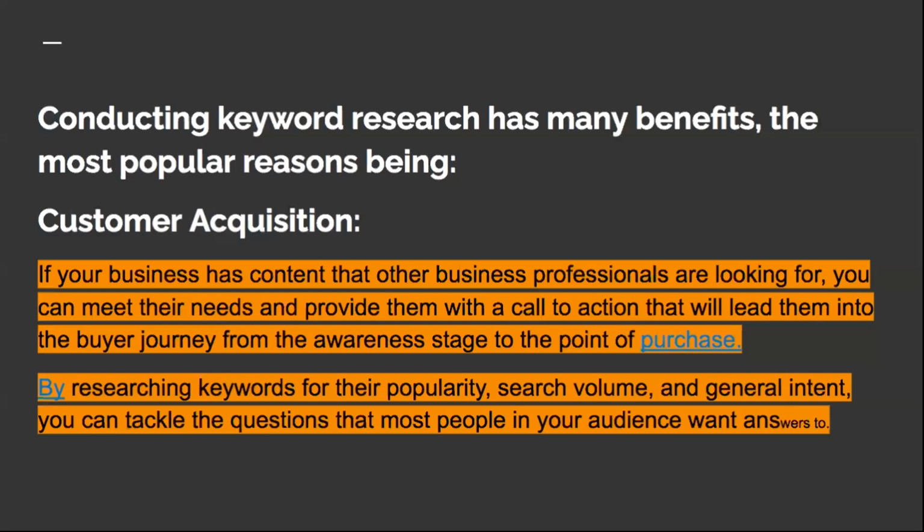So by researching keywords for their popularity, search volumes, and general intent, you tackle the questions most people in the audience want answered. Just by writing blogs alone, you might have answered lots of questions that most people who visit your website want to inquire about. And that is why you see blogs having frequently asked questions.